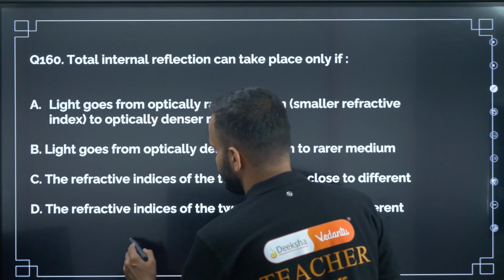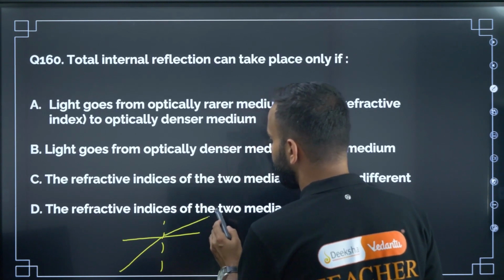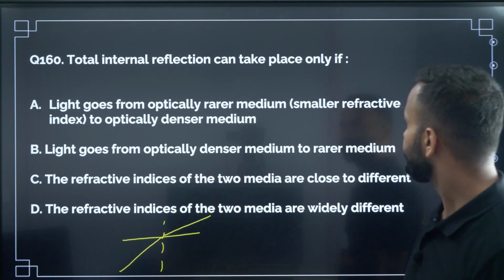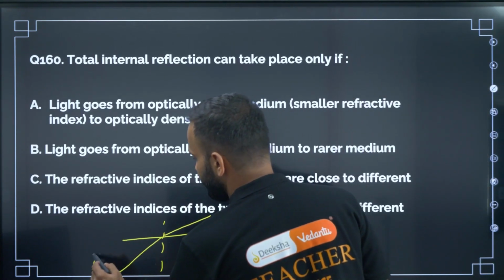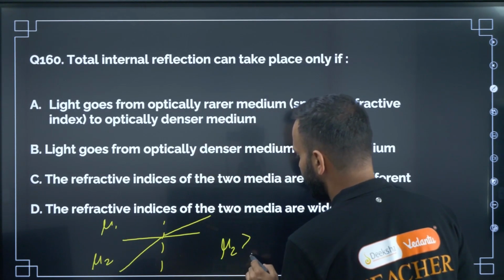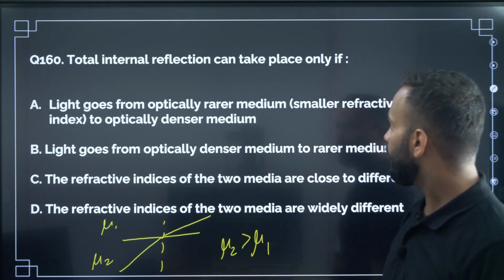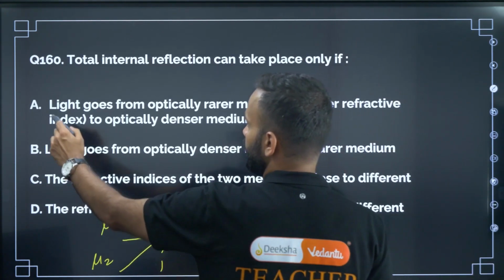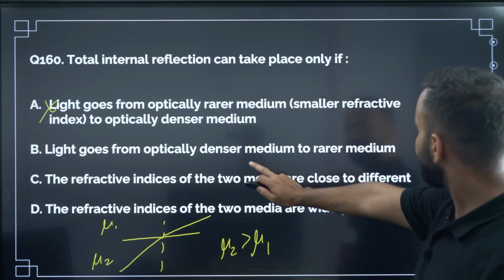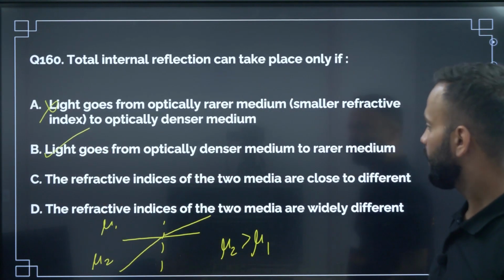Here the light has to move from optically denser medium to rarer medium, then only total internal reflection, that is TIR, can take place. So option A is wrong. Option B, light goes from optically denser medium to rarer medium. Yeah, option B is the correct answer, isn't it?